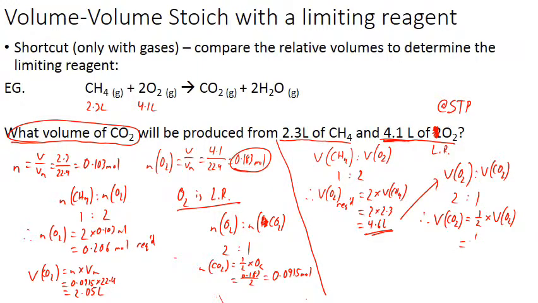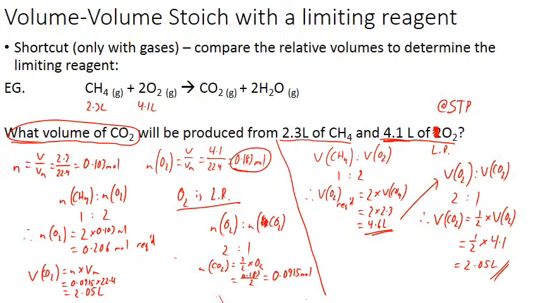So in this case, that's half times 4.1, which gives us 2.05 litres. And there's our answer. It's effectively exactly the same process, but it's a shortcut because we don't have to go through extra steps of converting back to mole, running all the calculations, and then converting back to volume.